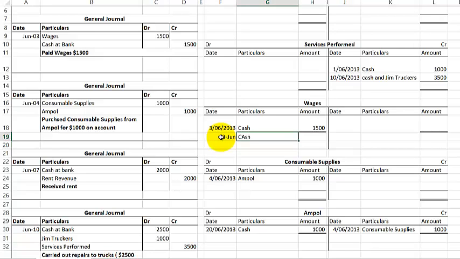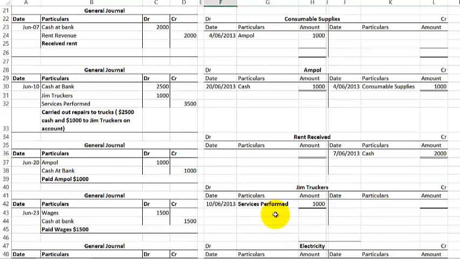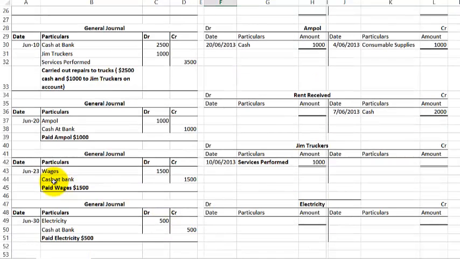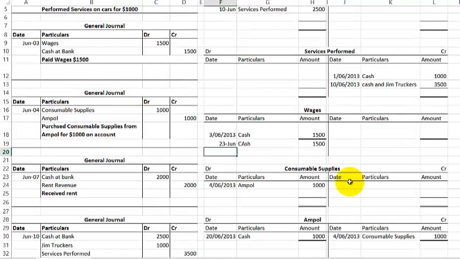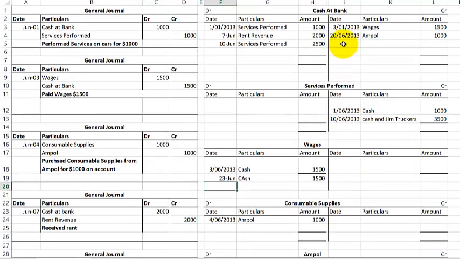Again, it's for $1,500. I'm going to have to record the amount of cash. That's the credit side there, $1,500. So I'm going to scroll back up. A lot of scrolling around today. So that was for $1,500.